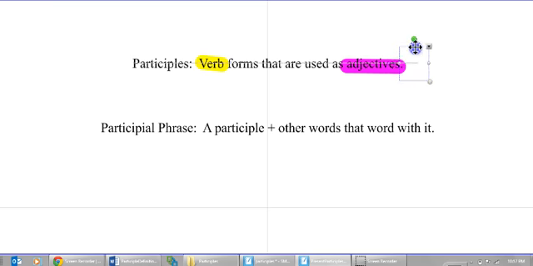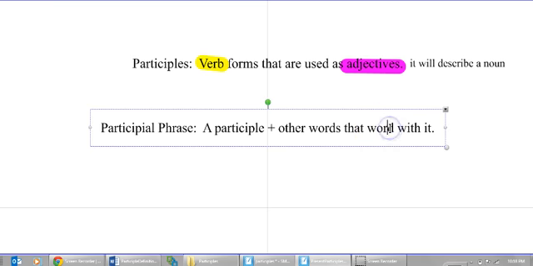It will describe a noun. But because it's a form of a verb, it's called a participle. And then, of course, a participial phrase is a participle plus all the other words that work with the participle.